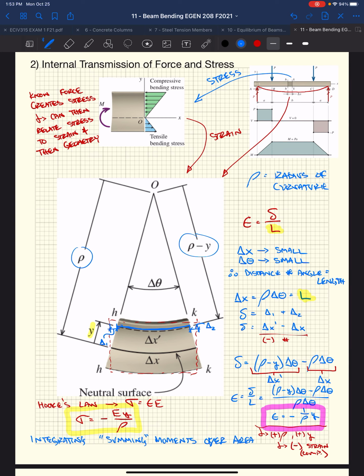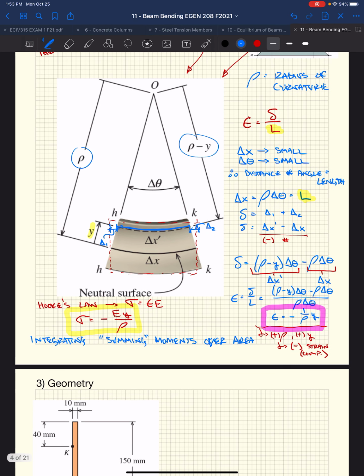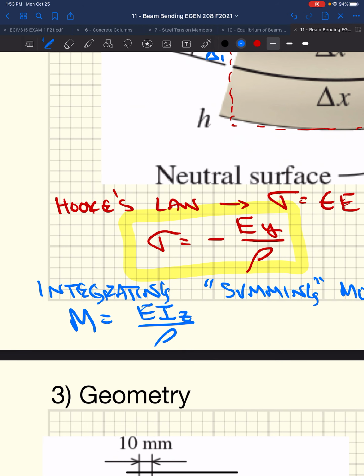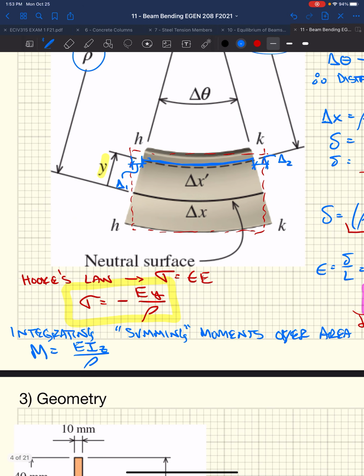So if you ran an integral to figure out the overall moment acting there, you end up getting this resultant: the moment equals E I, the modulus times the moment of inertia, over your radius of curvature. And lastly, you get stress equals negative M y over I z.